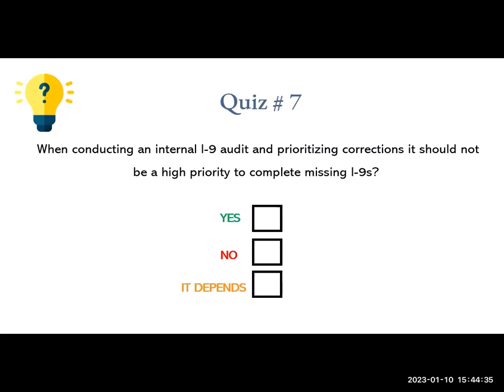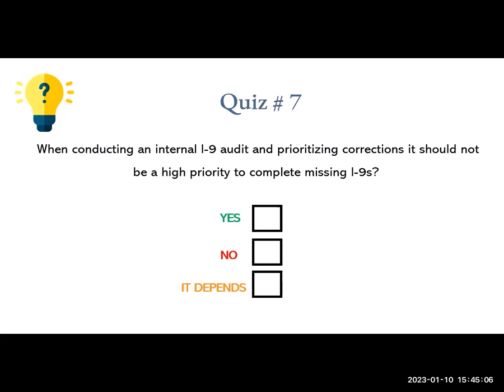The question says it should not be a high priority. Okay, I'm sorry. So prioritizing corrections, it should not be high. It should not be a high priority to complete missing I-9s. So basically what I'm saying, sorry if this is not clear. A lot of you said no, and I'm like, let me make sure that we're all on the same page here.